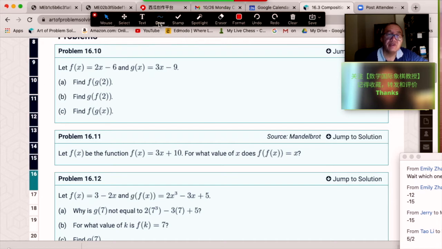So now let's say everybody calculate this. What does this one equal? Here g(x) is now a variable of f(x). So that means you need to use 3x minus 9 to replace x in the f(x). Then simplify. See what you get.